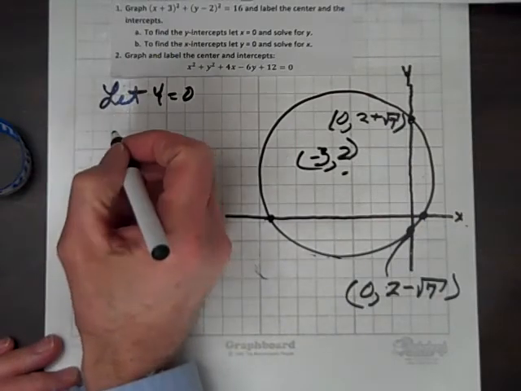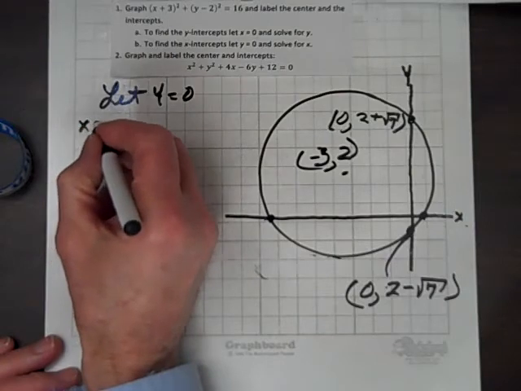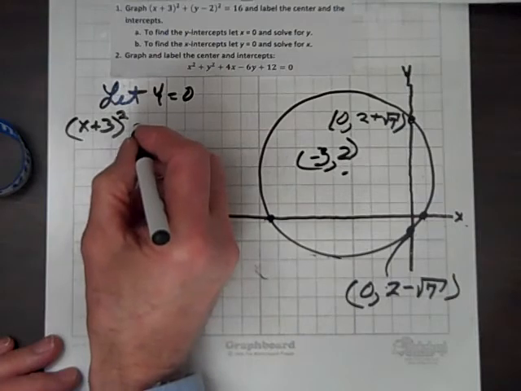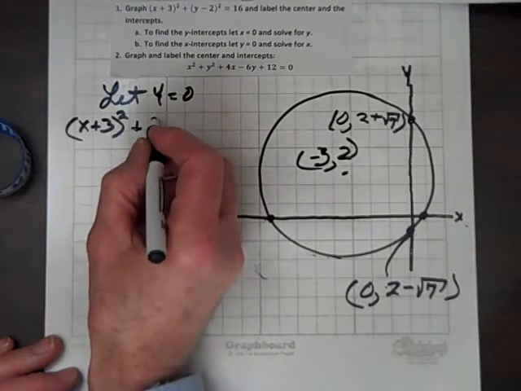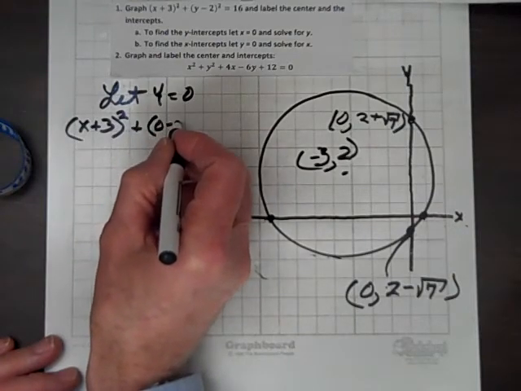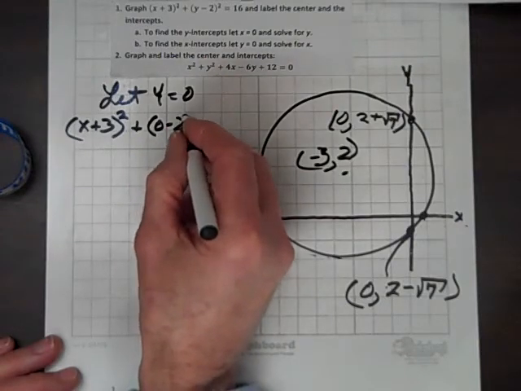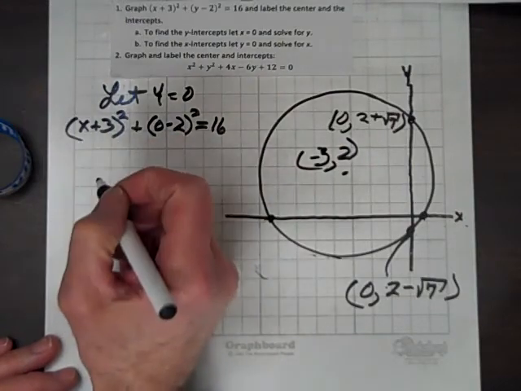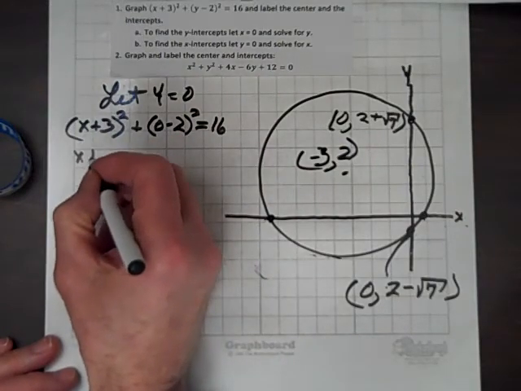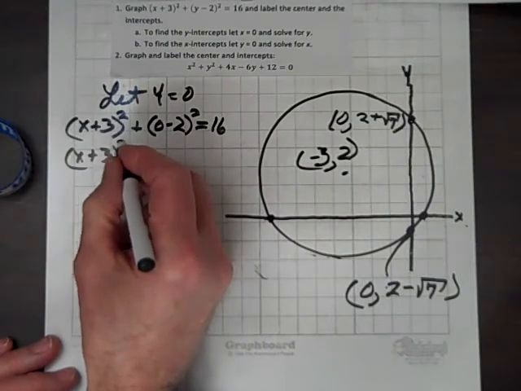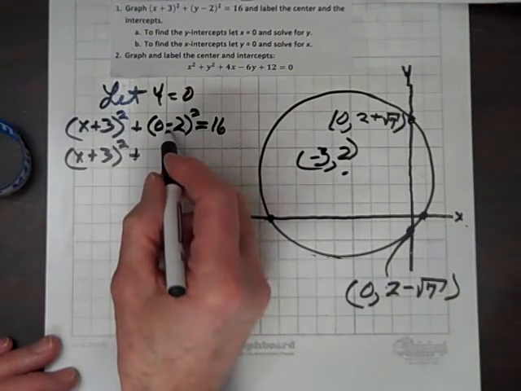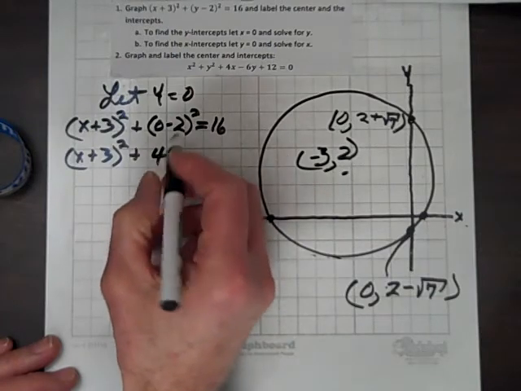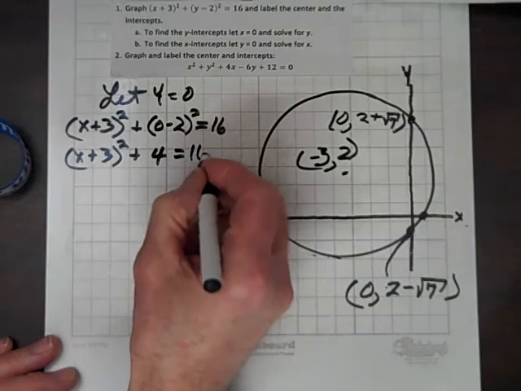So if y = 0, we have (x + 3)² + (0 − 2)² = 16. That is, (x + 3)² plus, and (−2)² is 4, equals 16.